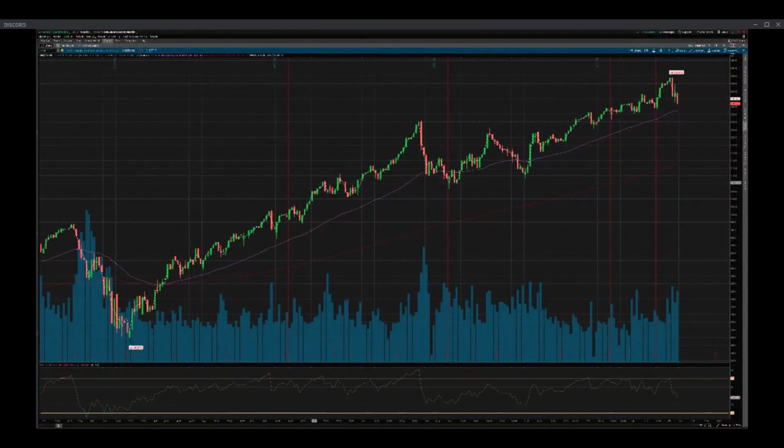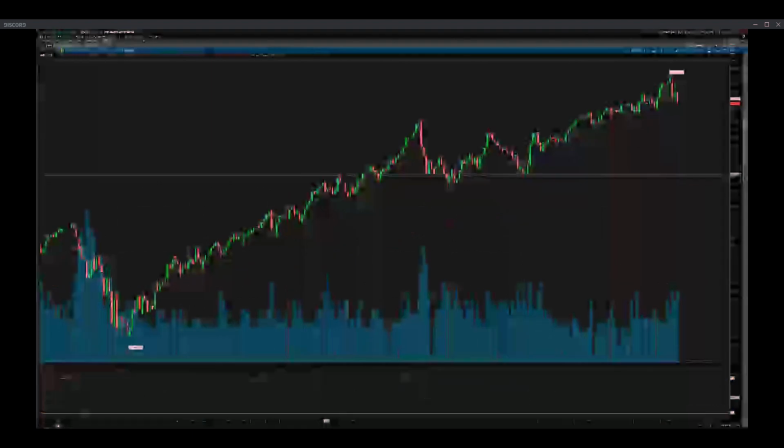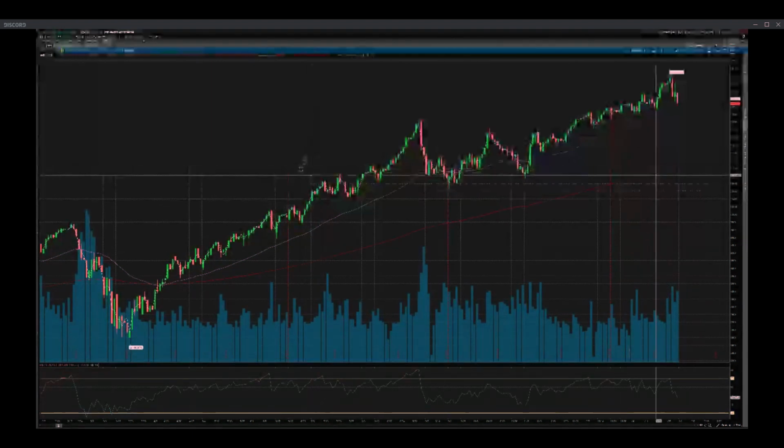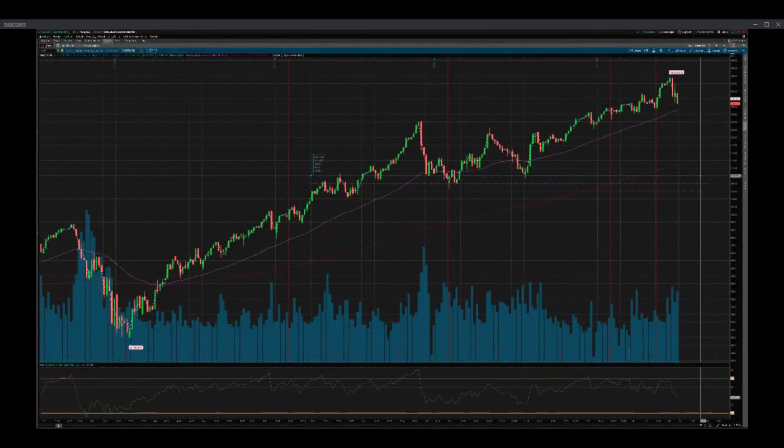So you're just trying to find areas of, you could even, so I took the median, so you could have 3 levels right here actually. Kind of one right here, one in the middle, and then one at the top of the candle. And you see how price kind of reacts.